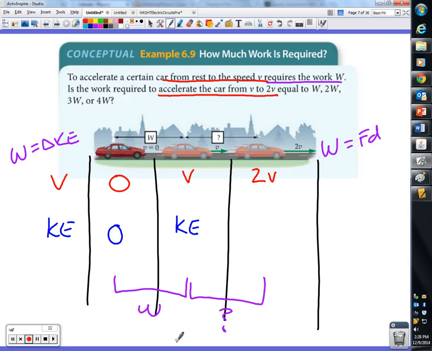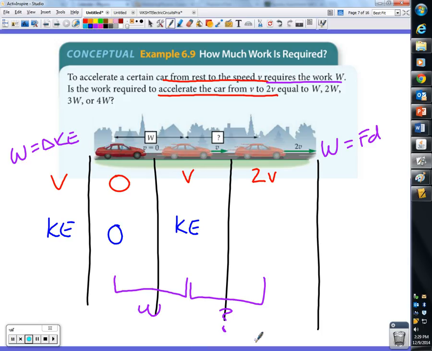Yesterday, we spent a good amount of time talking about the relationship between velocity and kinetic energy, and how, as the velocity changes, the kinetic energy changes. But we said that kinetic energy depends not on the velocity, but on the square of velocity. Meaning, if we go from v to 2v, we're doubling our velocity.